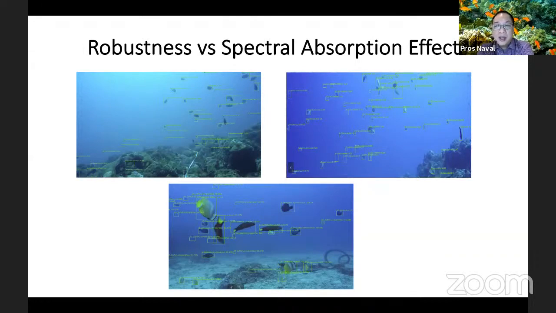This means that what appears, say, yellowish at shallower depths will no longer appear yellow at greater depths. And this is very challenging because, as we know, to identify fish, you depend on color a lot. So your algorithm has to take into account this spectral absorption effect.